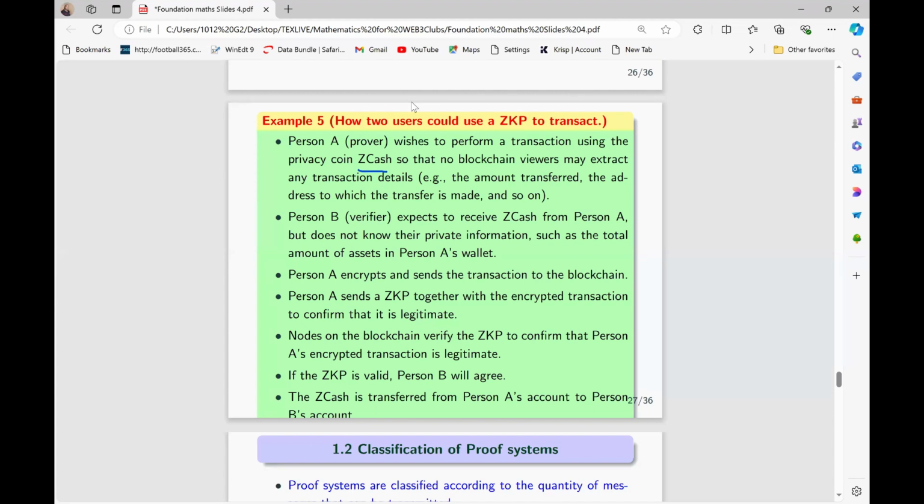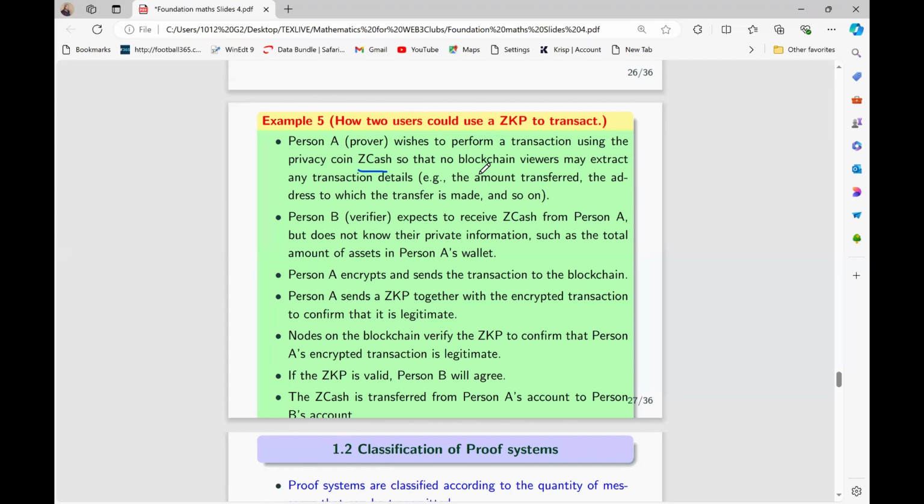So the prover has some information he wants to conceal so that the verifier may not know what that information is. But the verifier is interested in having the prover prove that indeed he's aware of that information, of course without revealing what the information is.